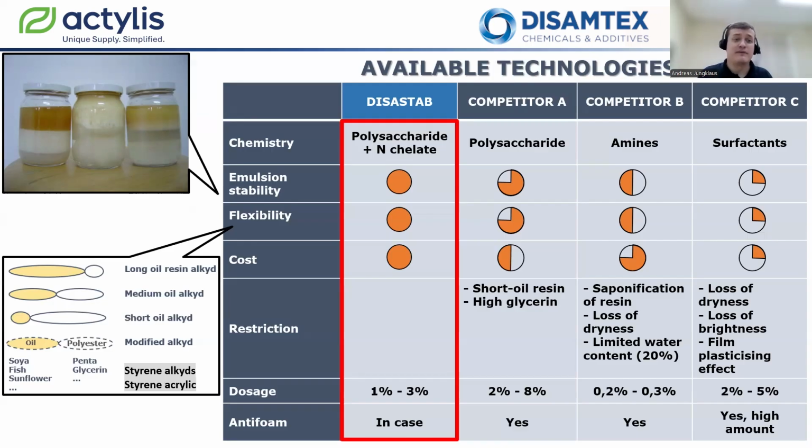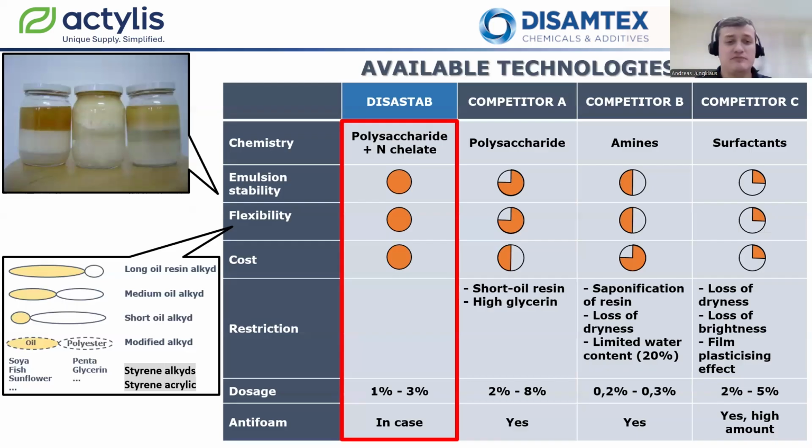So it shows fewer formulation restrictions since it avoids issues such as resin saponification, brightness loss, or plasticizing effects that occur with amines or surfactant-based systems. And its recommended dosage is usually lower than competitors, and antifoam addition is only required when necessary, which simplifies a lot the formulation.